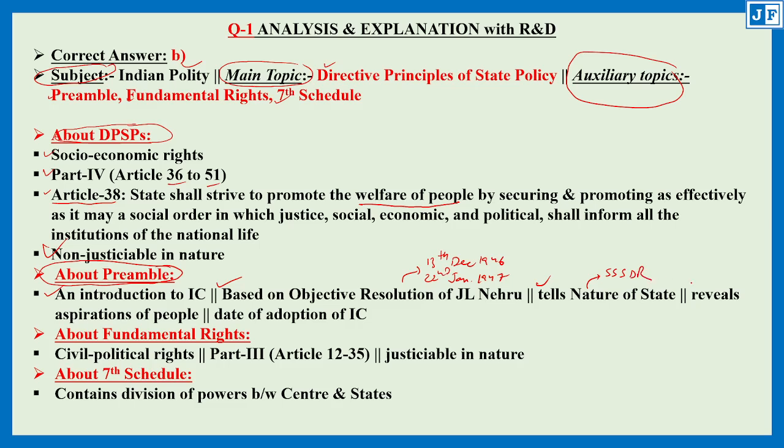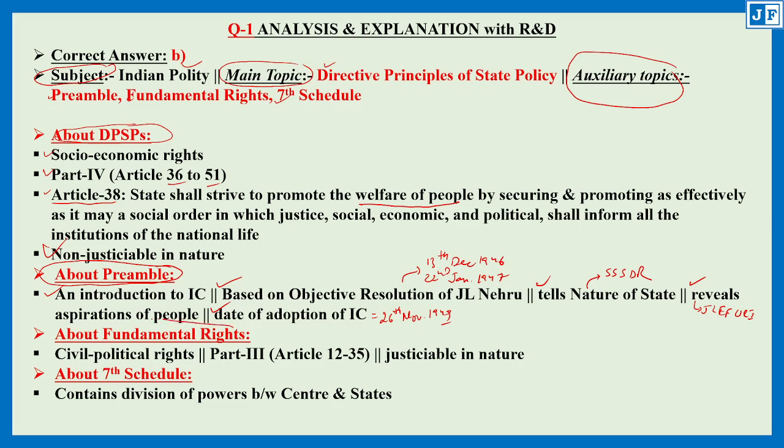It also reveals the aspirations of Indian people, which are justice, liberty, equality, fraternity, unity and integrity. Further, preamble also mentions the date of adoption of Indian Constitution, which is 26th November 1949. We should know all this basic information.